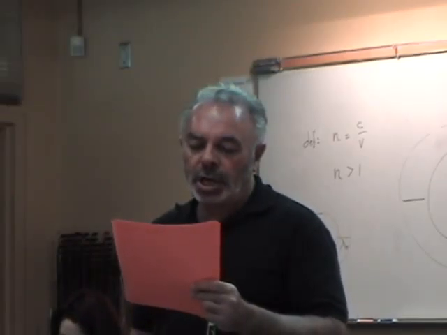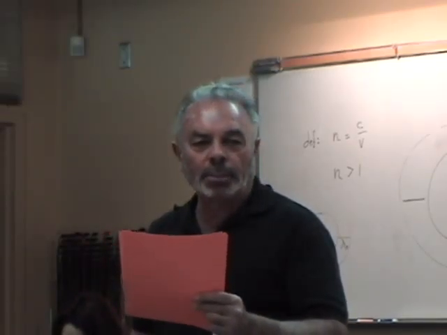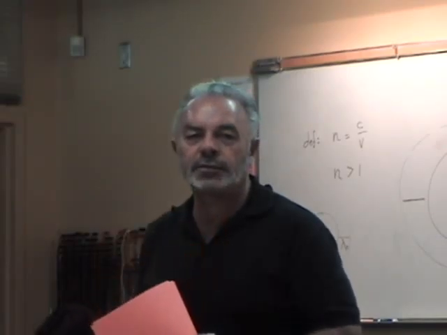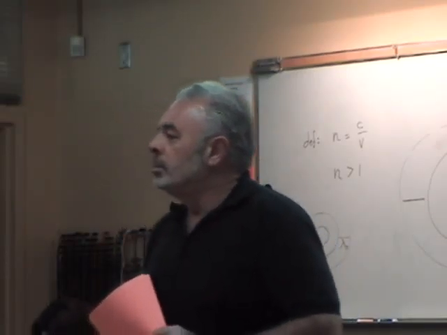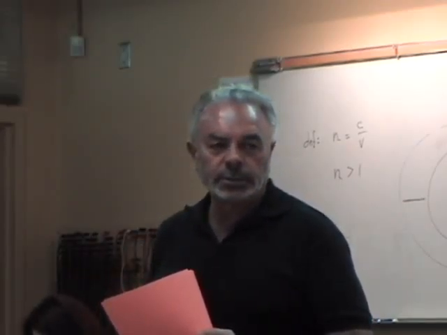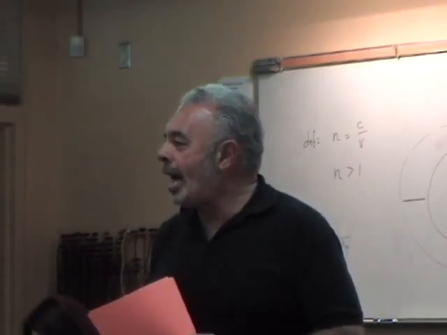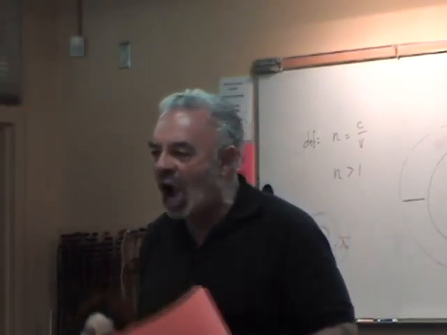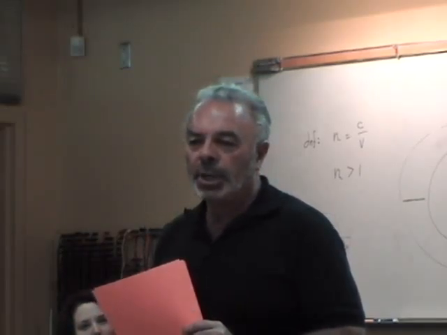V, I said here in red letters on my notes, remember, V is the velocity of the source relative to the observer. And the key word underlined is relative. So, we don't ask who is stationary and who is moving. We only ask relative velocity.